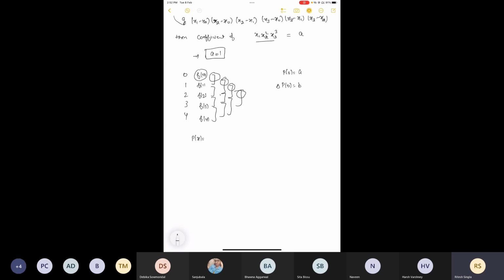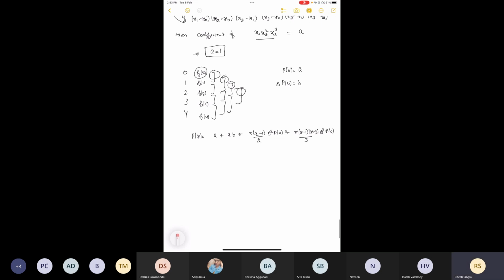of x as A plus x times B plus x into x minus 1 upon 2 times del square P of 0 plus x minus 1 x minus 2 upon 3 factorial times del cube P of 0, and so on, right?